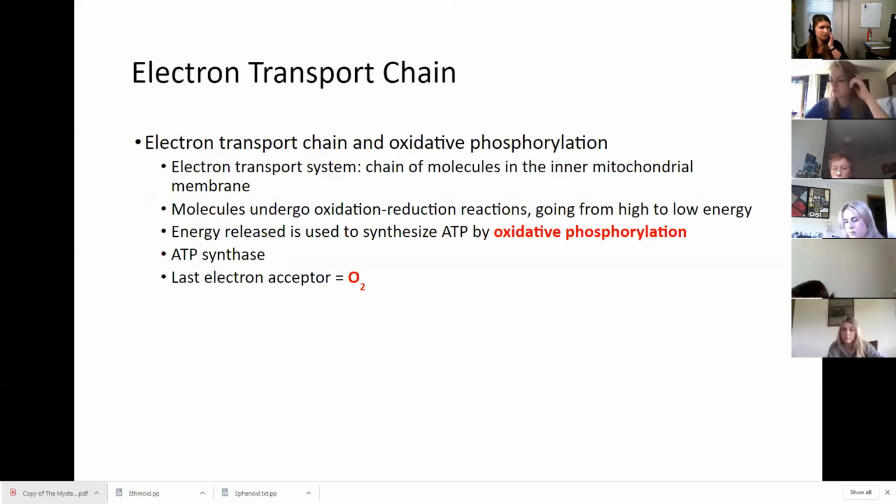Okay. So the way this whole system works is that we have this electron transport system, which is a chain of molecules embedded in the inner mitochondrial membrane. If you remember what a mitochondrion looks like, the powerhouse of the cell, this is why it's the powerhouse, it's making all our ATP.